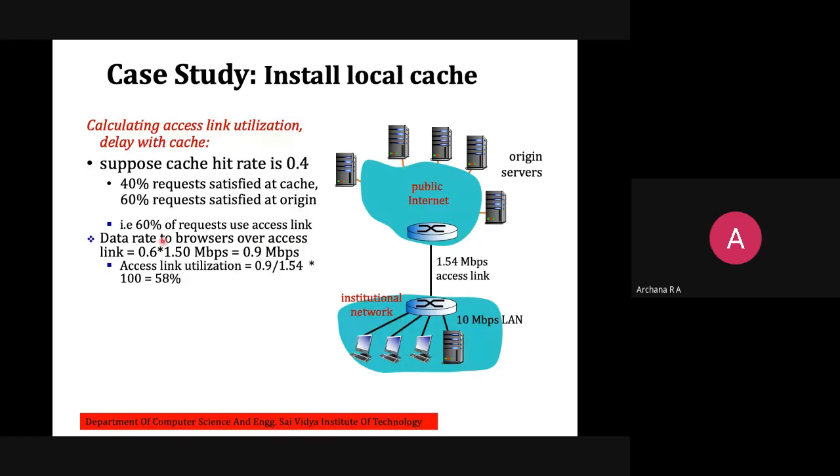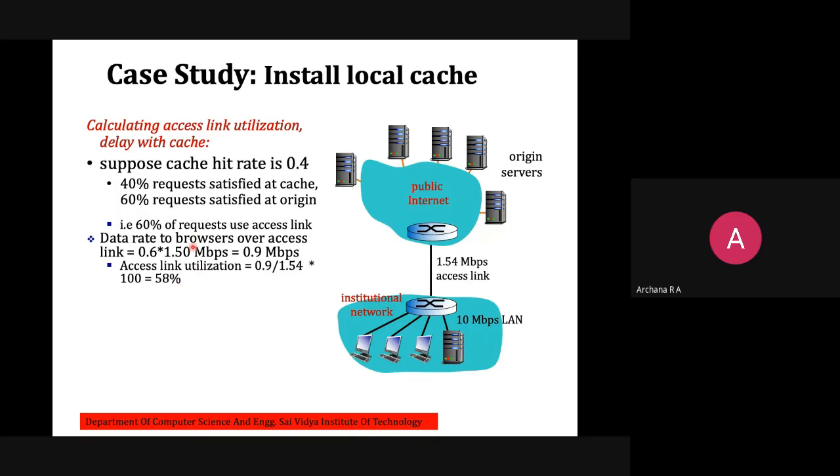Now if we calculate the access link utilization, it is 0.9 megabits per second, from the 60% hit ratio, divided by 1.54, the access link rate. So 0.9 divided by 1.54, multiplied by 100 to convert into a percentage, gives 58%.